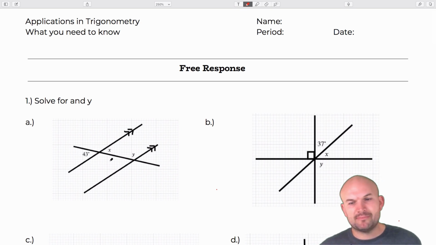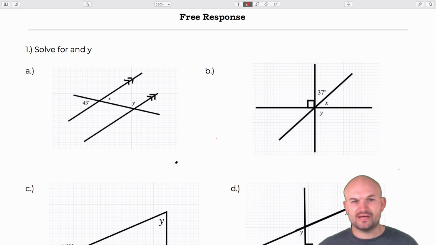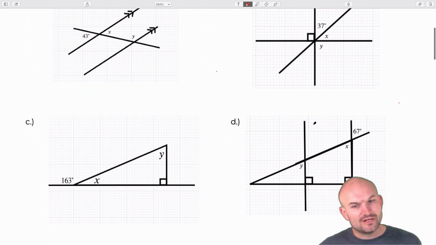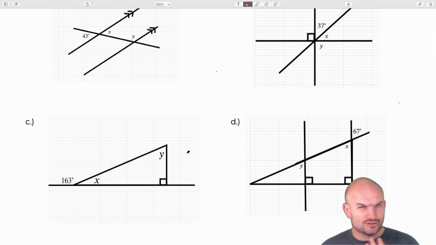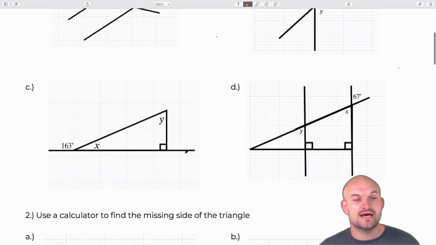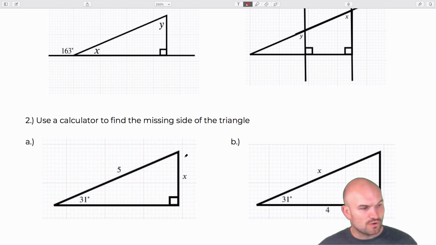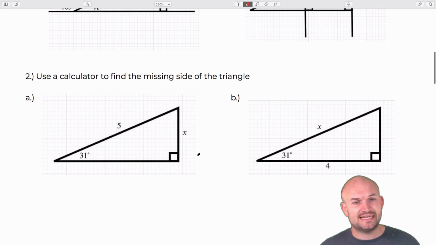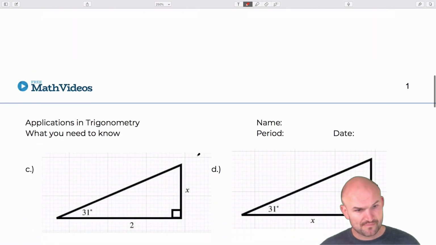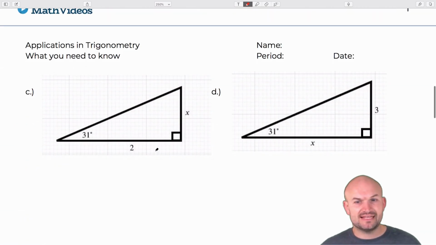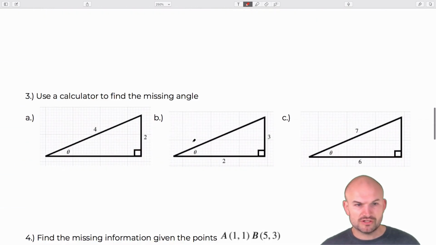For example, the first four questions deal with solving for x and y using angle relationships with parallel lines, right angles, and triangles or right triangles, and understanding the relationships between the angles. Then we're going to evaluate the missing side of a triangle using trigonometric functions, and find inverse trigonometric functions.